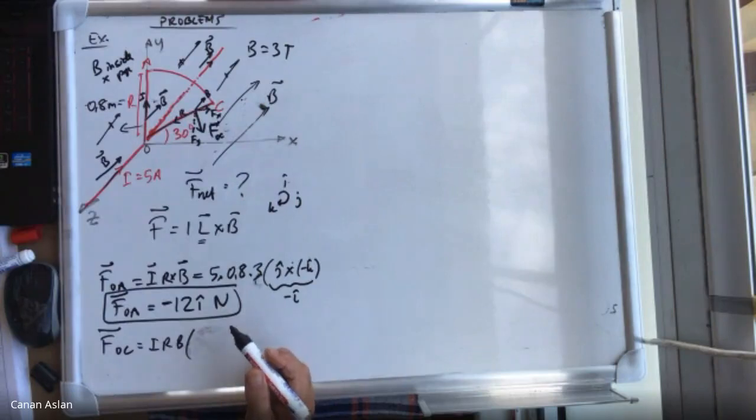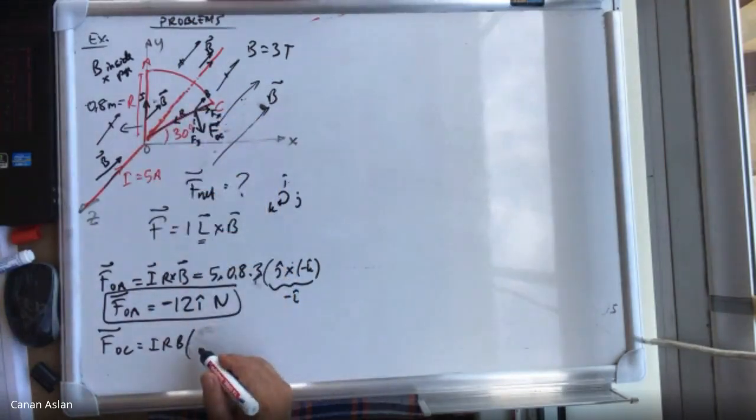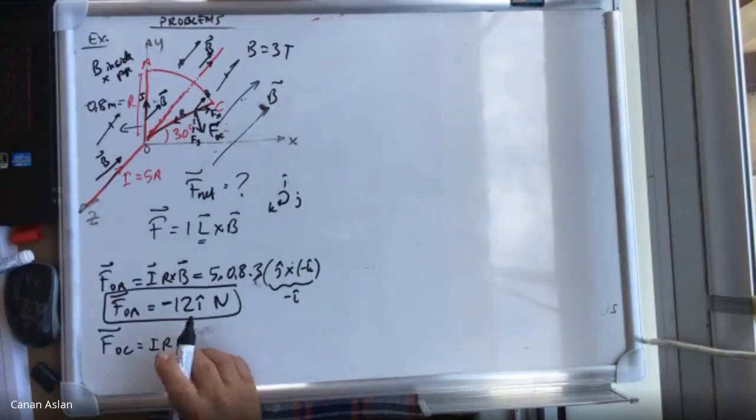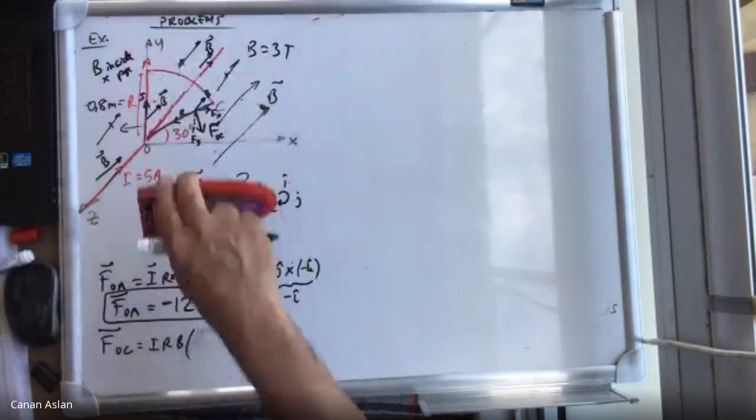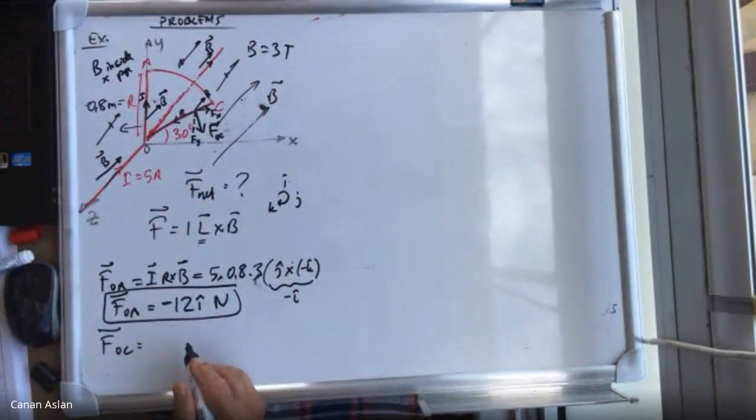Now it has x and y components, and because of the geometry, we can see that this is equal to, I will just write the result, but first let's do this.